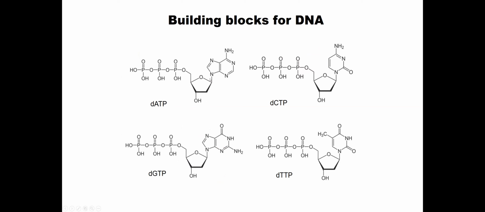That's why this sugar is called deoxyribose. And these building blocks, as you can see, all have 3 phosphates. 1 phosphate here, AMP, is not energetically high enough. That's why this is a stable one. When they have 3 phosphates, like ATP, the building block is activated.